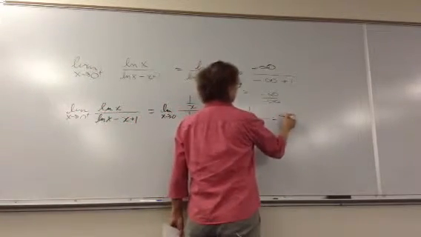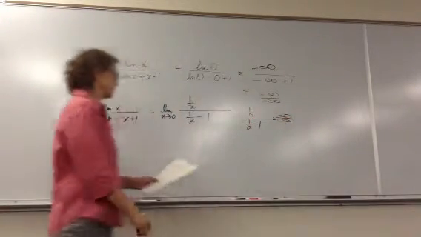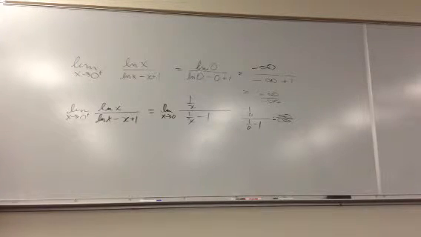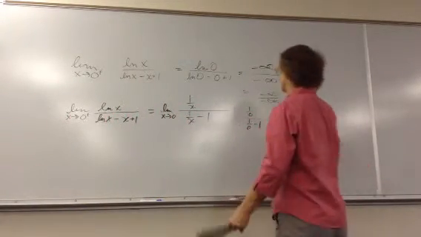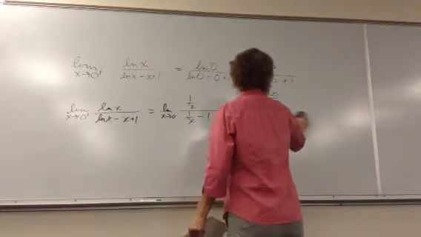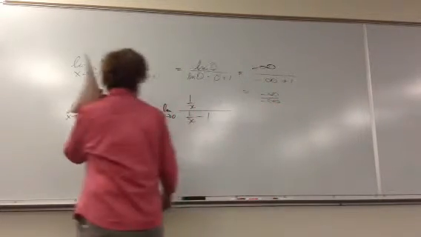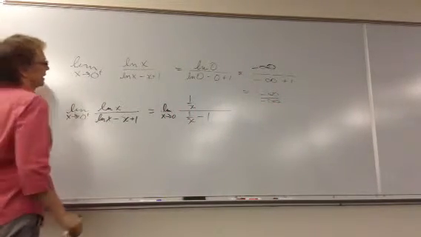I don't know. Let's try it again, because maybe next time it won't be so horrible. Let's just do some magic algebra. Or, let's take the derivative again. Will the derivative help? I don't know.